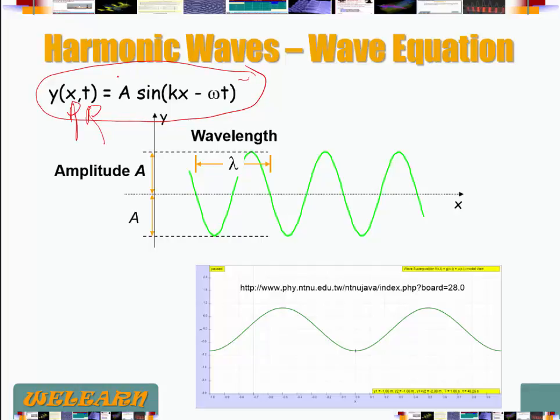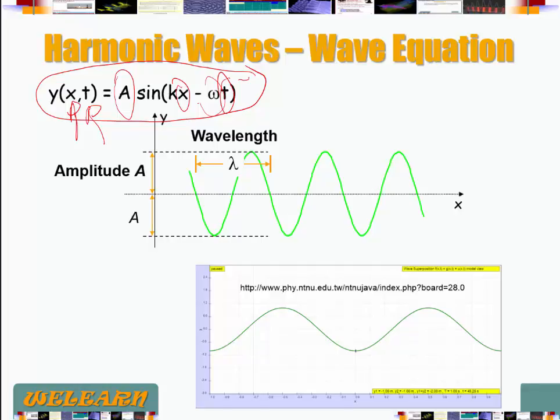And our sine, the amplitude is the same, but it is sine of kx minus omega t. So it is accounting for both the position x and the time t. You notice here we have both the wave number k and the angular frequency omega present in that equation.